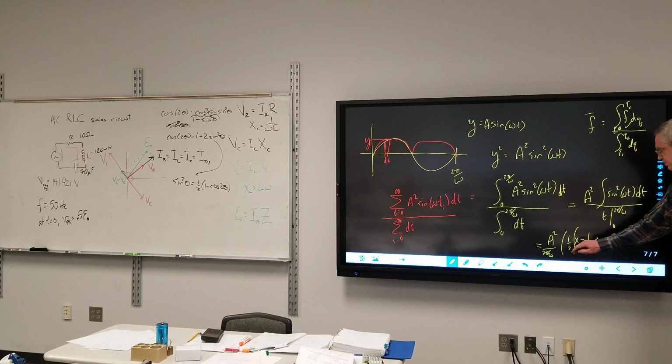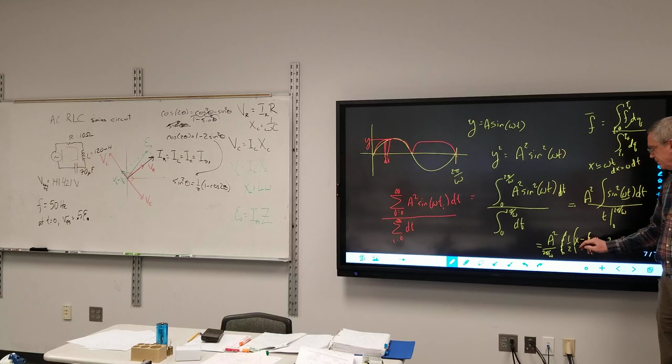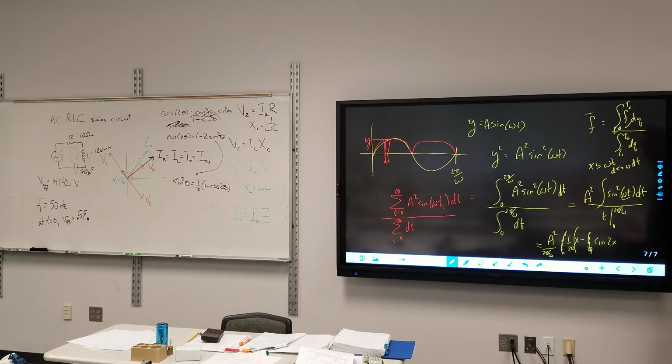And we do have another factor to work with here because our x is omega t. And so dx would be omega dt. So we end up with basically 1/2 omega there.